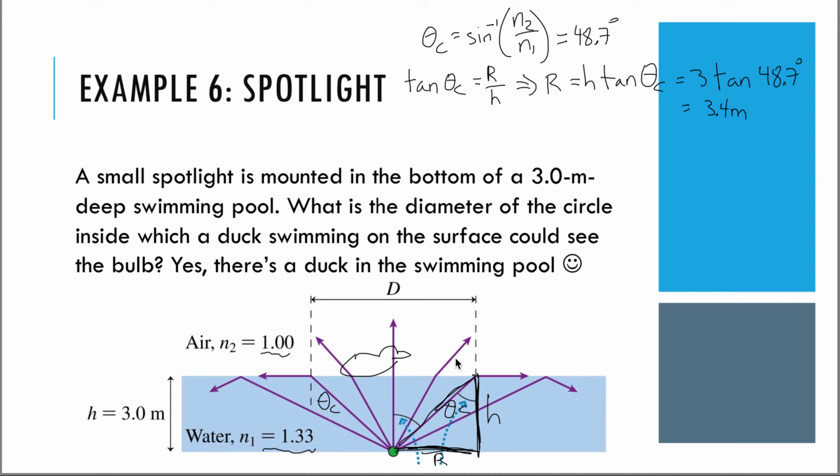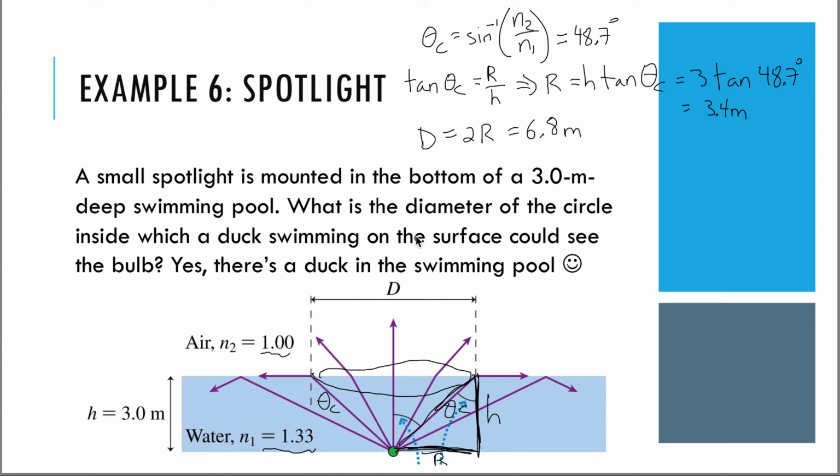I know this doesn't look like a circle, but the light is coming out in all directions, so it's really making a circle. And we just found the radius of that circle. So if we're looking for the diameter, we can just multiply this radius times 2. Diameter equals 2 times the radius, which is going to be 6.8 meters.